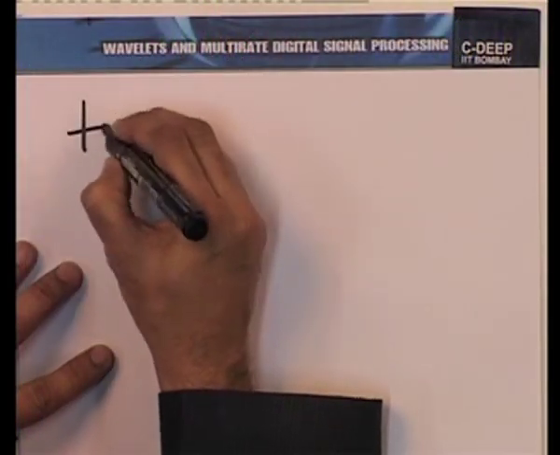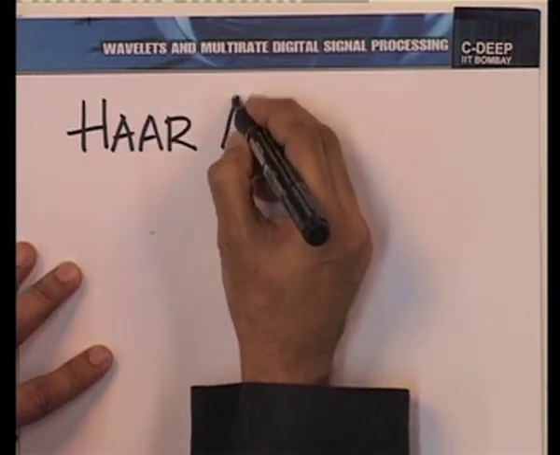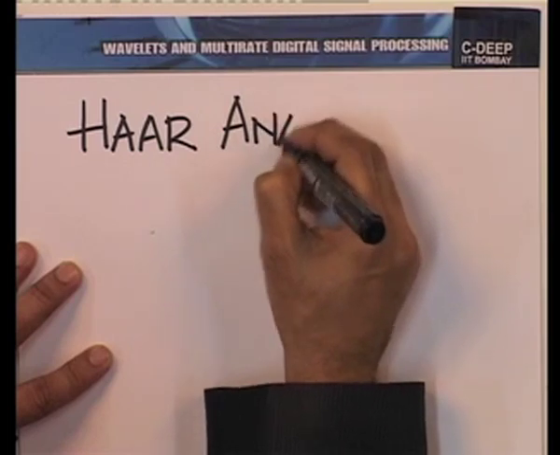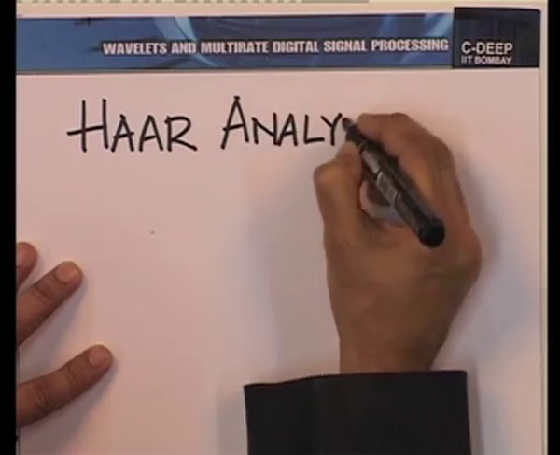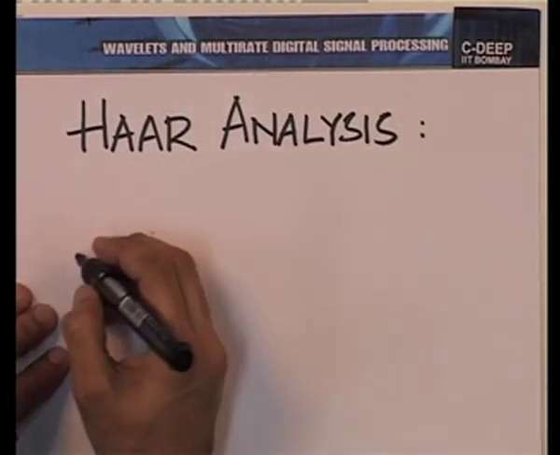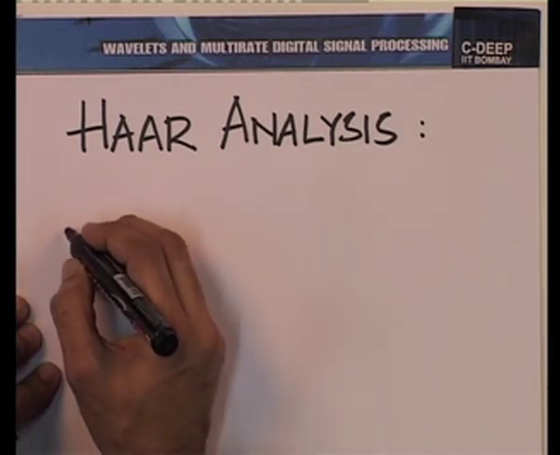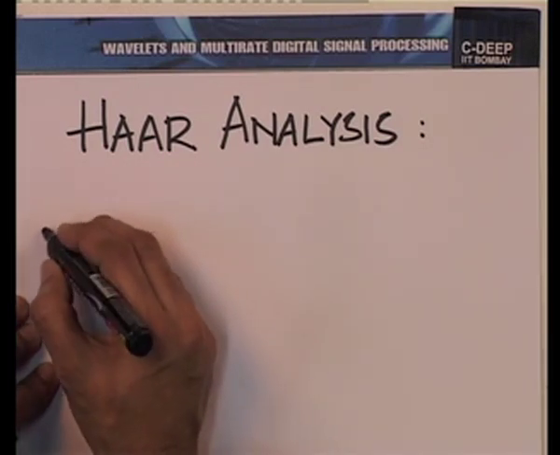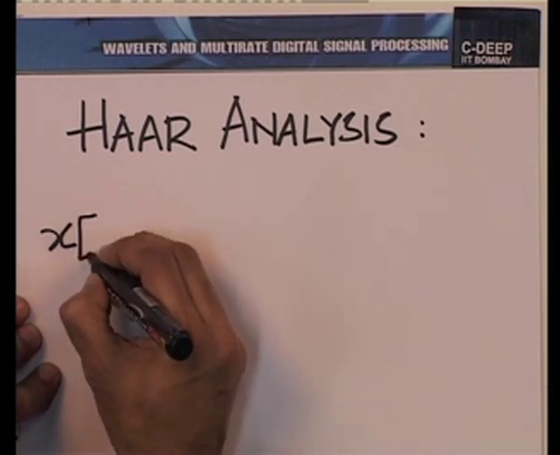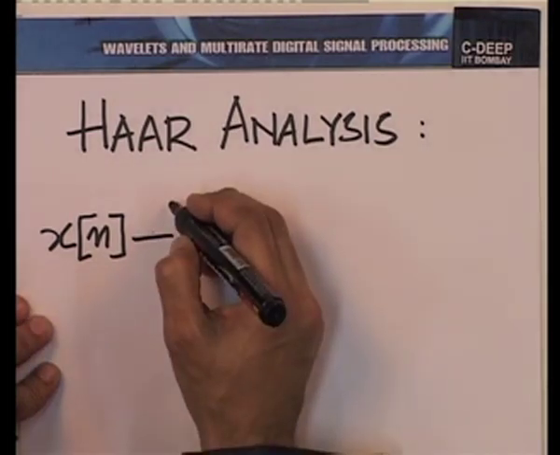You will recall that on the analysis side, we had a structure like this. We had the sequence, let us call it x of n, corresponding to the function in V1.